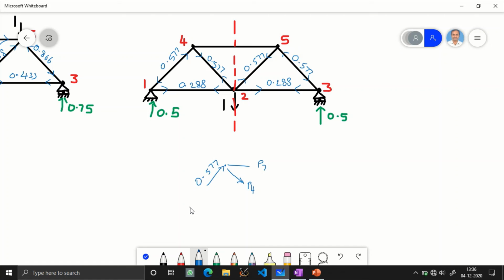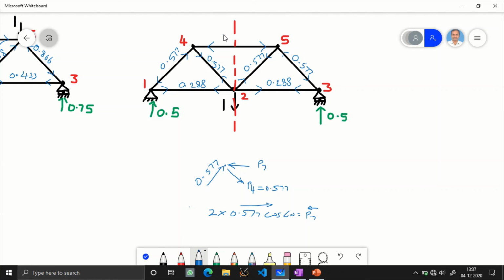So the horizontal components of these two forces, 0.577, both are acting towards right. So 2 times 0.577 cos 60 will be equal to P7. These two forces are acting towards right, so P7 must act towards left. Towards left in the sense towards the joint. So P7 is acting towards the joint, and the magnitude is 2 times 0.577 cos 60, which will be 0.577.